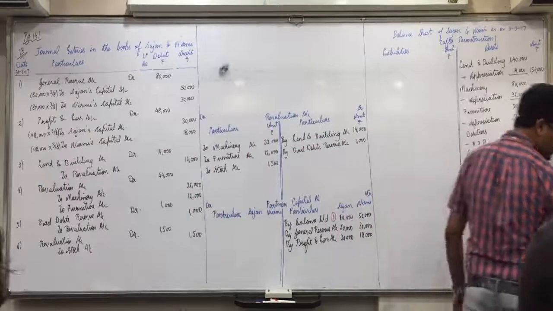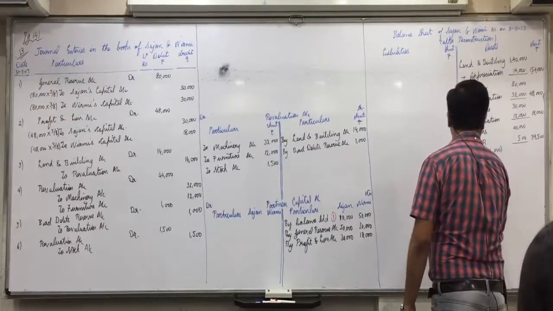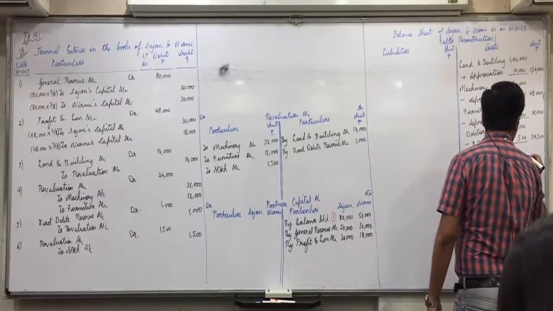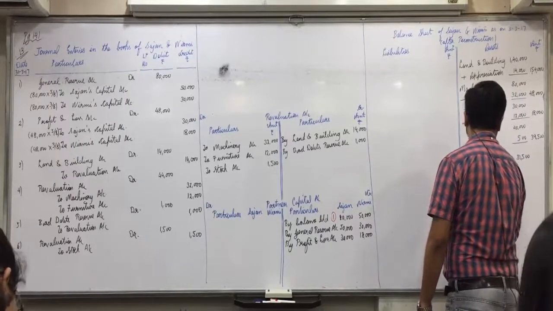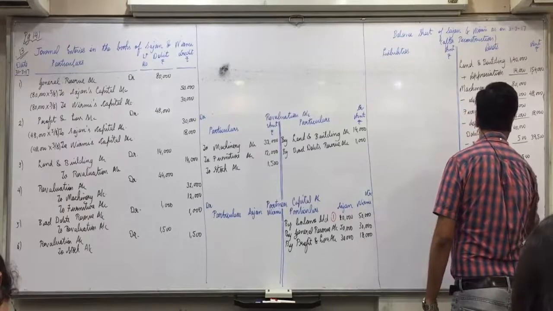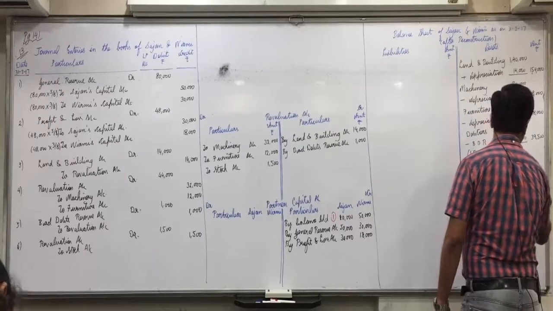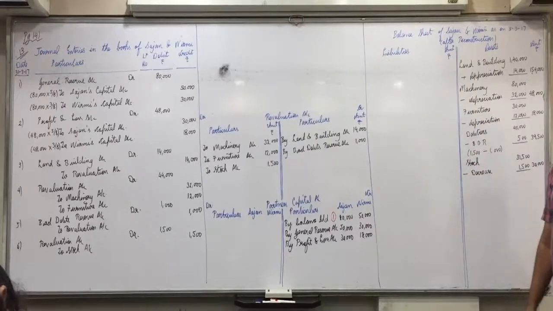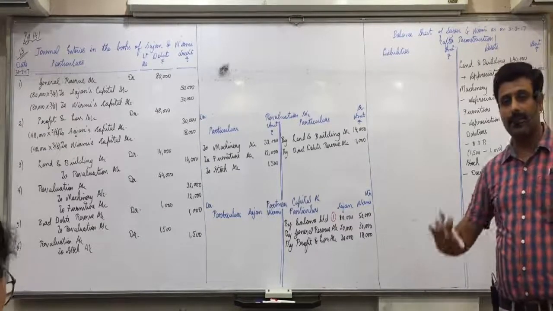Put tick on stock. Stock 31,500 minus decrease 1500, outer column 30,000. Are you okay with it? Stock is a current asset, so you cannot write depreciation. Depreciation is only on fixed assets. Any confusion in this? So simply decrease.